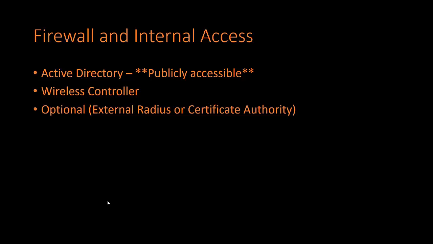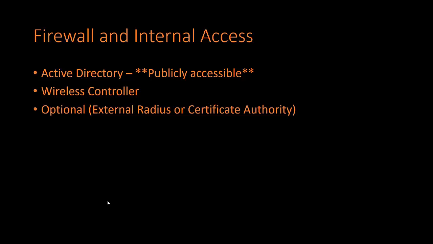Your wireless controller and/or your access points, depending on who does your radius requests, will need access from the inside out to CloudPath. So CloudPath is not going to be coming in and trying to initiate communications with your controller and your access points, but they need access out to CloudPath.